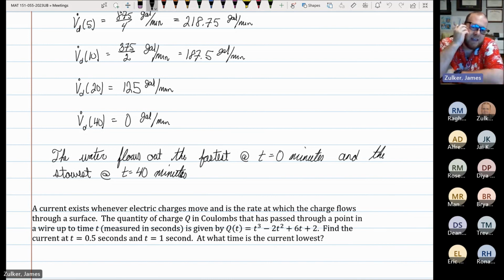It's given by Q of t is t cubed minus 2t squared plus 6t plus 2. Asked to find the current at half a second and at 1 second. But then it's going to ask us, at what time is the current the lowest?